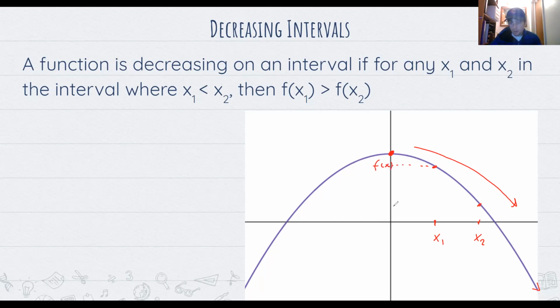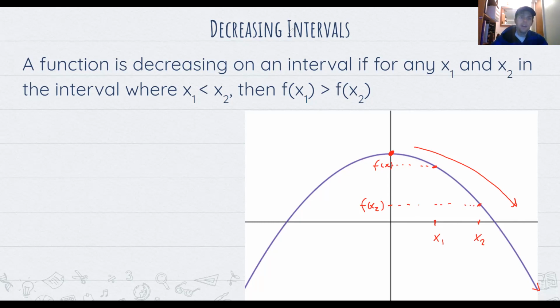It's going to be higher than the output for f of x2. That's a really technical way to define this using inequality relationships. So the output at x1 is going to be greater than the output at x2 if it's decreasing on that interval. For our cases, as we're moving from the left to the right, it's going down.